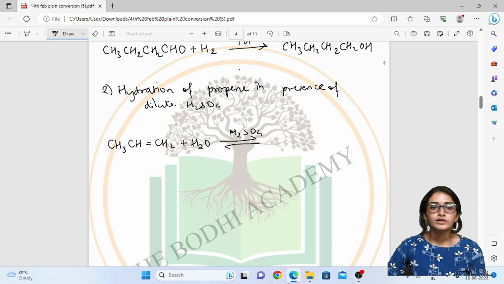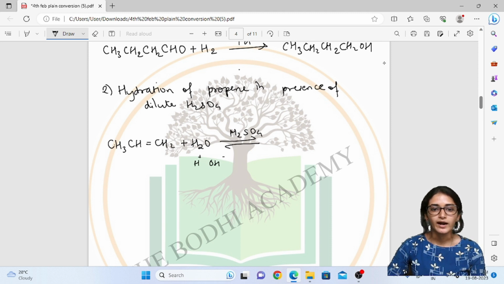And what happens when we add water and carry out the hydration? Water, we know, will give H plus and OH minus ion. H is positive, OH is negative. And what we had studied about the acid catalyzed reaction is that it will follow Markovnikov's rule.